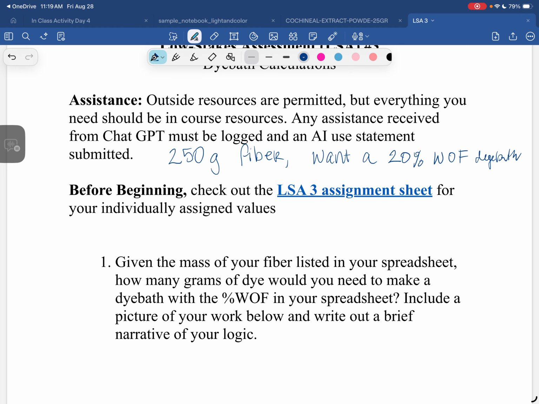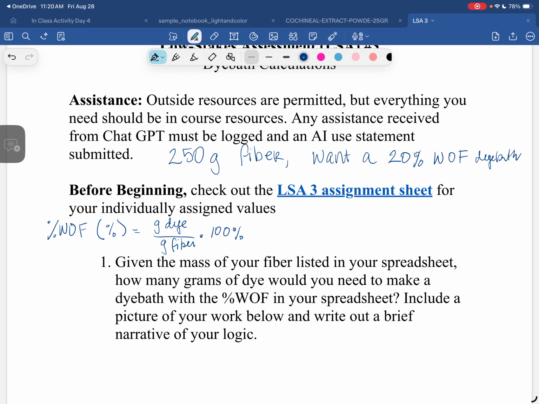And as a reminder, for our weight of fiber math, there's a few different ways that we can write out this equation. The one y'all got in your lab handout is that the percent weight of fiber, and we would consider the unit for that value to be a percentage, is equal to the grams of dye over the grams of fiber times 100%.